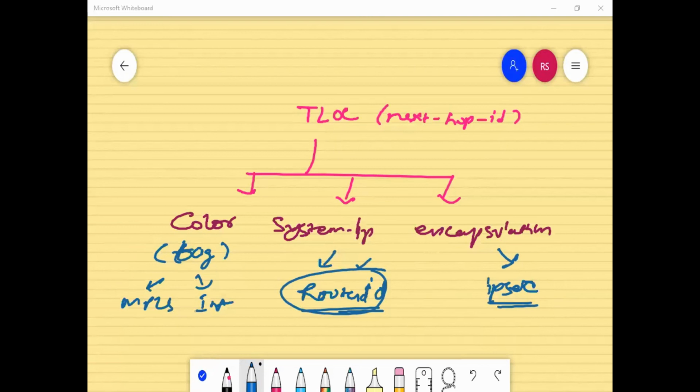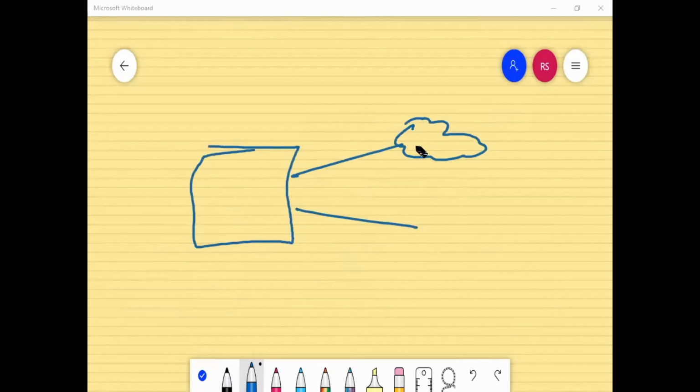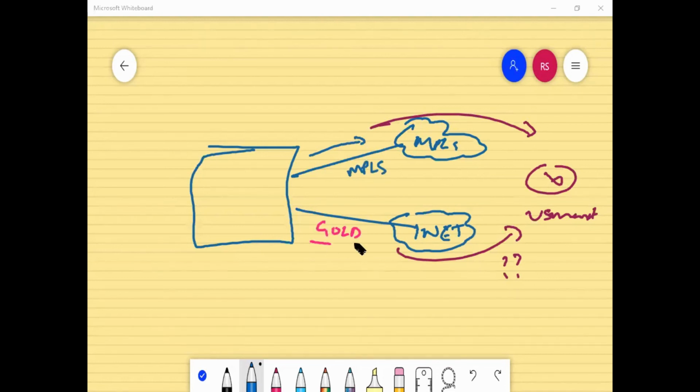Now I also talked about if you have a WAN edge device which has two connections, maybe with MPLS and maybe with INET, how will your vSmart come to know whether it is coming from MPLS or from the internet? Using color. When it is coming through MPLS, the color would be MPLS. When it is coming through INET, maybe you are using gold, or public internet, or some other name.